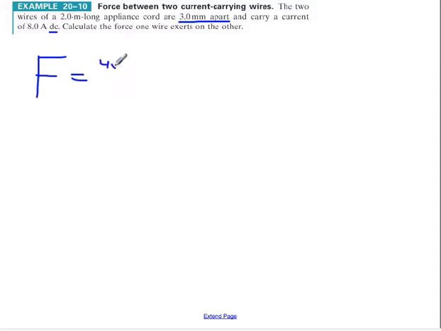So that's going to be 4 pi times 10 to the negative 7th. We could simplify that and just say 2 times 10 to the negative 7th, but I'm not going to. I'm just going to follow the formula, over 2 pi times the radius between them, which we said was 3 millimeters, so 3 times 10 to the negative third.